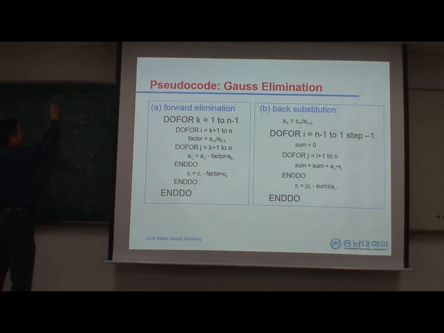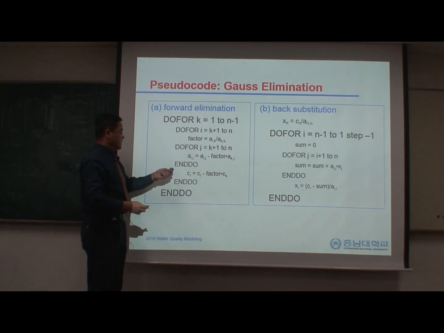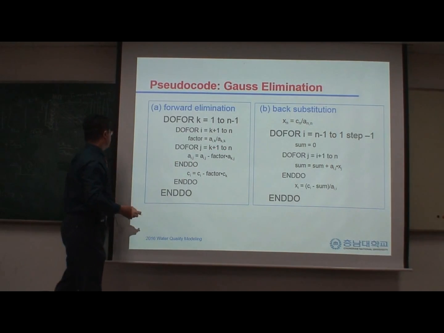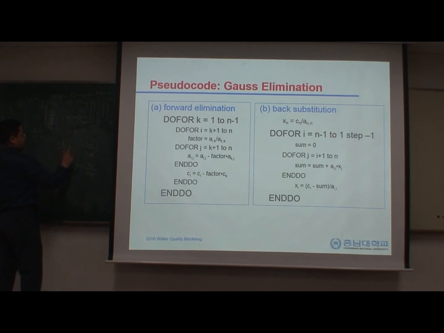I will multiply everything here and then subtract from here and calculate again. So in here, my value J is 2 to n. 2 to n is from here, right here. Aij equals Aij minus factor. Factor is Aik, actually Akk, and Akj.